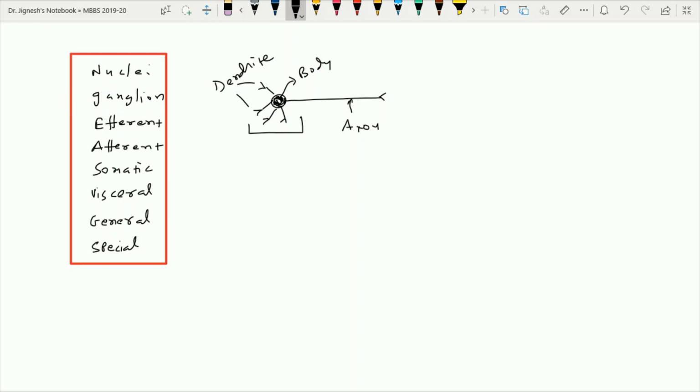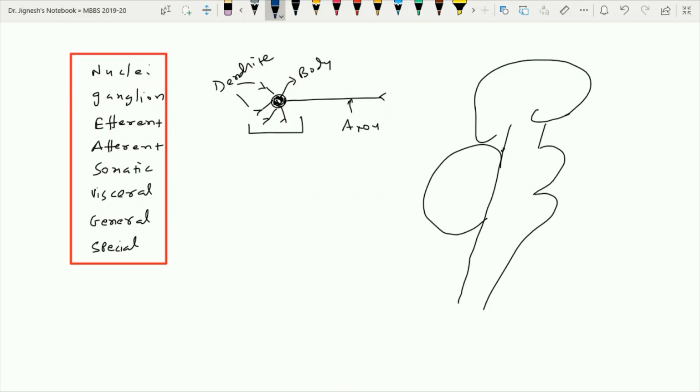When we draw a schematic figure of the brain, in the cerebrum the outer portion is the collection of cell bodies, and the maximum cell bodies are present within this outer portion, and that's why it is called the gray matter of the cerebrum. The inner aspect of the cerebrum has the maximum number of axons, and because of these axons this area looks whitish in color, and that's why the inner aspect of the cerebrum is called the white matter.